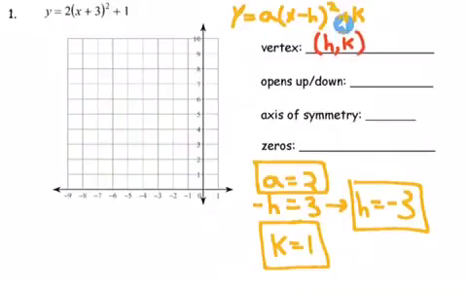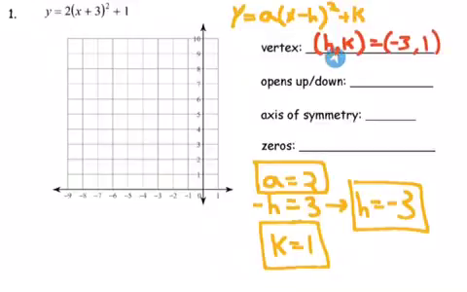We've already compared our general form of vertex form to our expression. We found that our h is negative 3. And we've also found k by comparing our expression to the general vertex form, and we found that k is equal to 1. So my vertex is equal to (negative 3, 1).